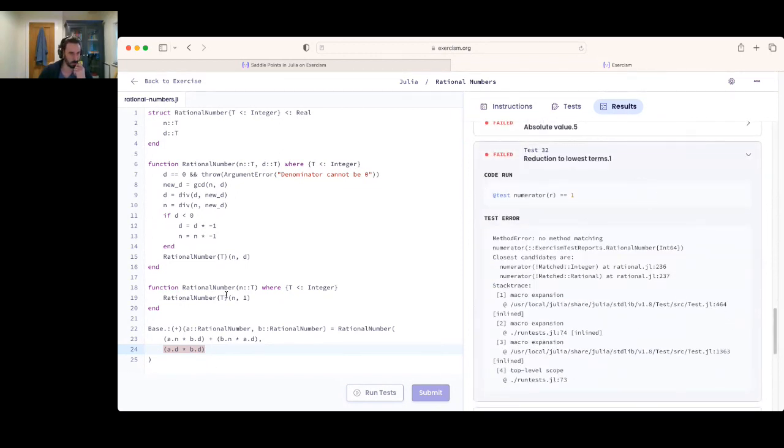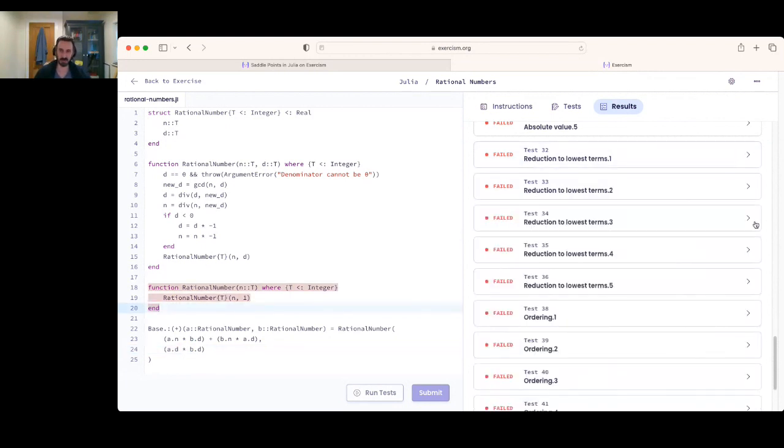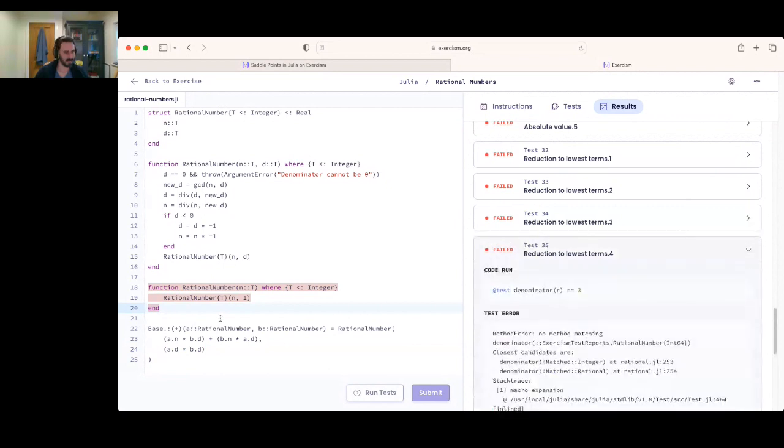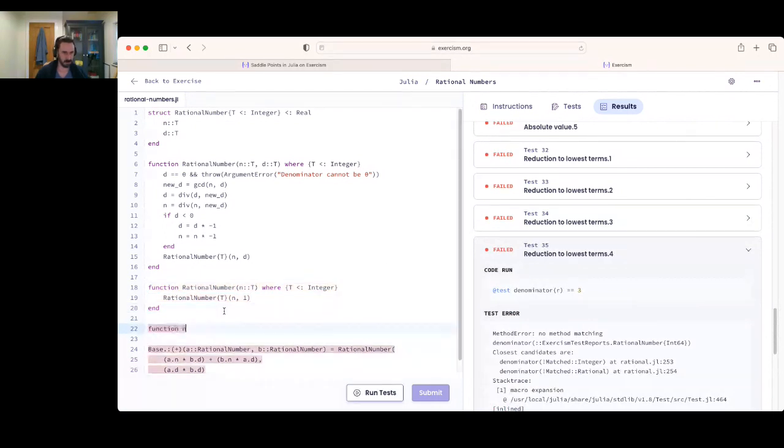We want a function called numerator and a function, I'm going to guess, called denominator. Oh my god. At least it doesn't say millennium. The function numerator, A is going to be a rational number. We just want to bring back A dot numerator.